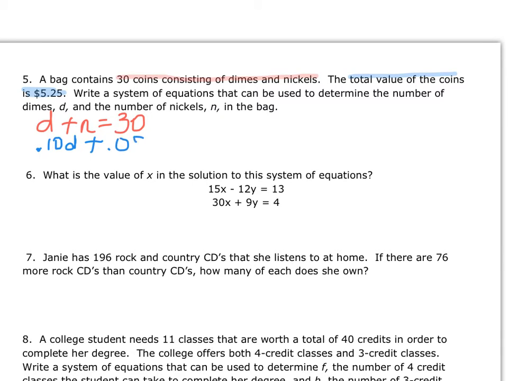So 0.05 times nickels equals how much total money did we say we had? $5.25. There we go. That's our system.